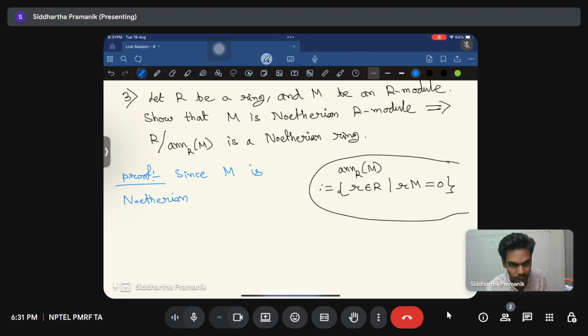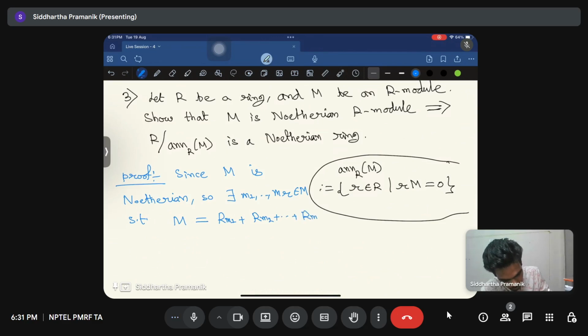That means it has a finite generating set over R. So there exists some m1 up to mr belonging to M such that M is basically, so I will write this as Rm1 plus Rm2 plus dot dot Rmr, or you can write this as just m1 up to mr.